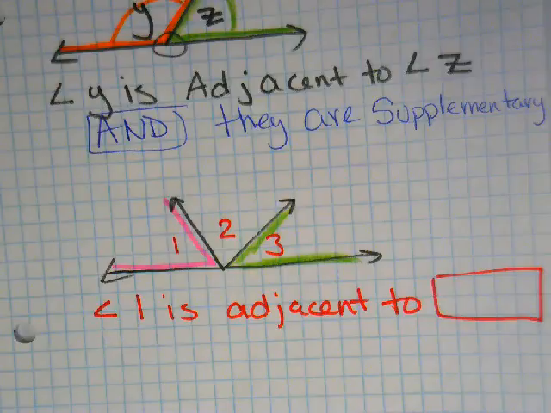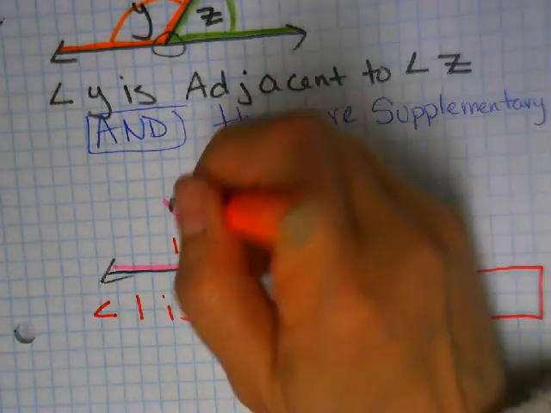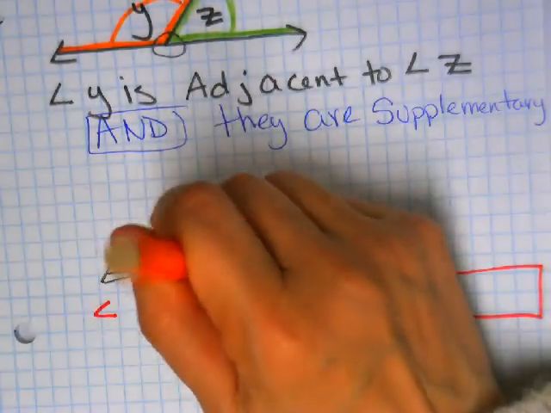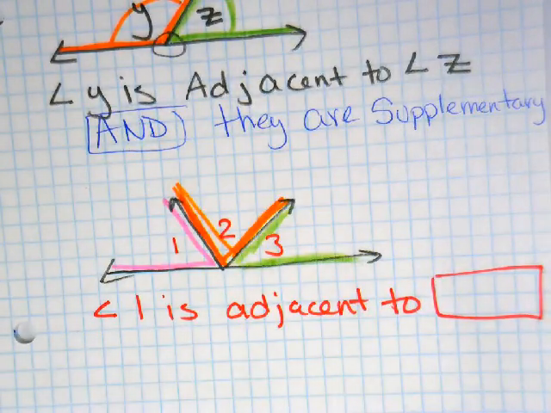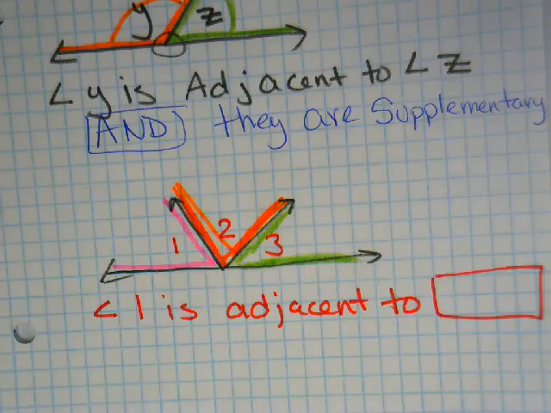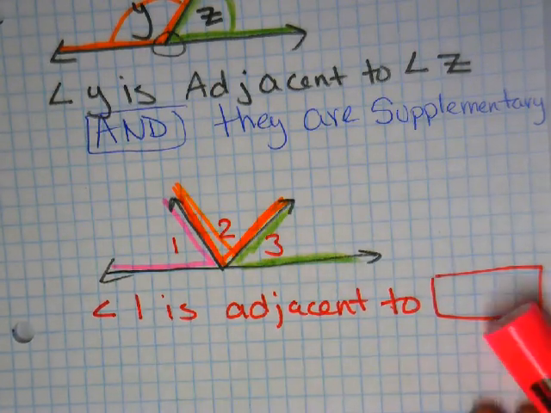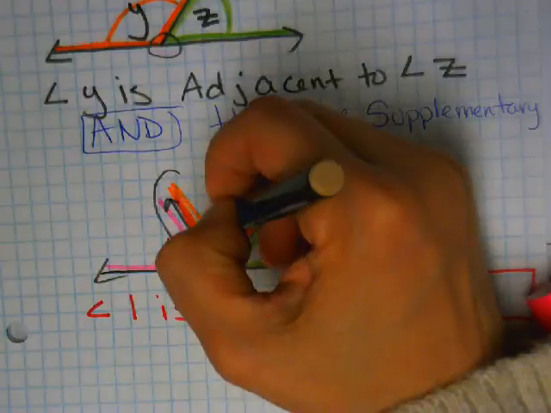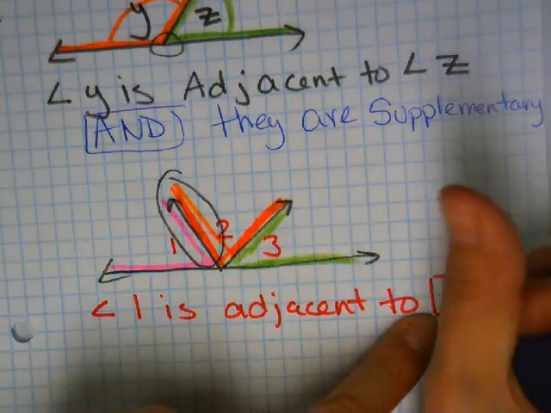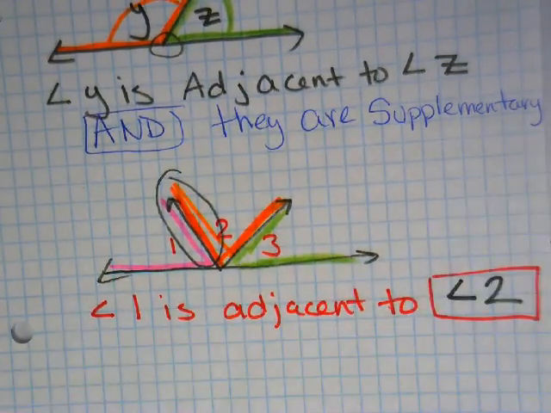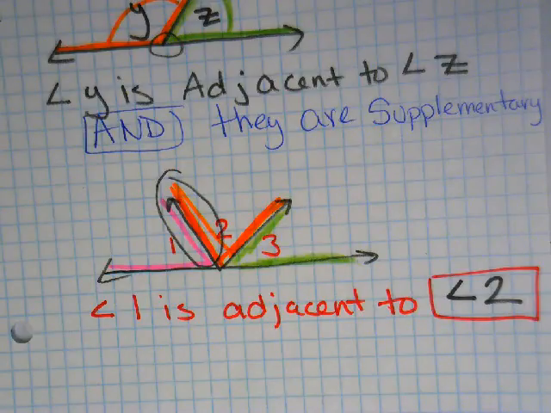No. Now let me trace 2. Did 2 share a line with 1? Yeah, they share right here. I would be tracing that same line again. So angle 1 is adjacent to angle 2.